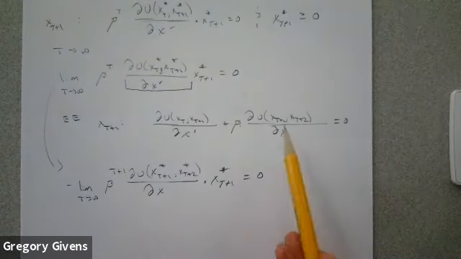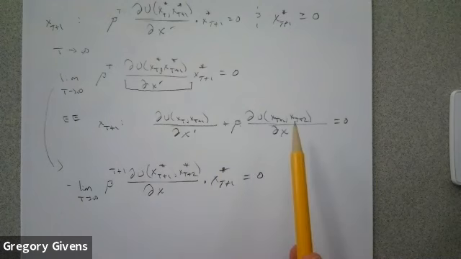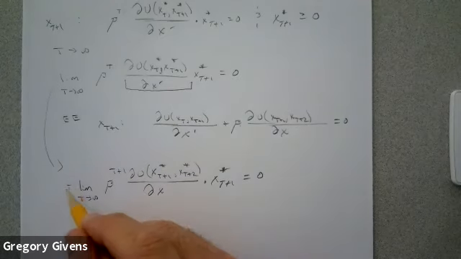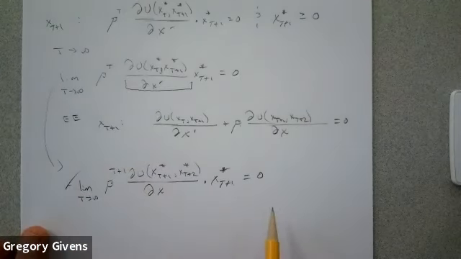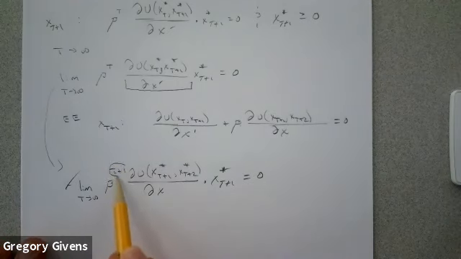So all I'm doing there is using this Euler equation and plugging it back into my limit expression. Now we can simplify this, right? The negative sign will cancel because the whole thing is equal to 0. And since we're taking T out to infinity, we can shift all of these times back one period, and it doesn't affect the limit at all.